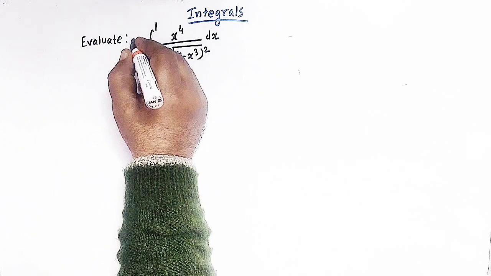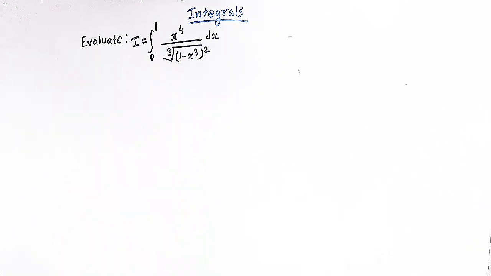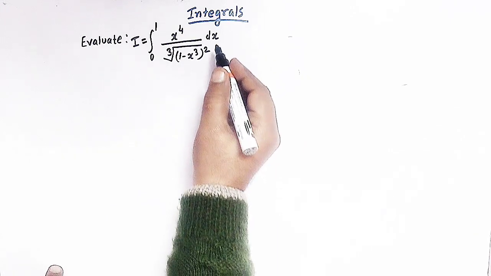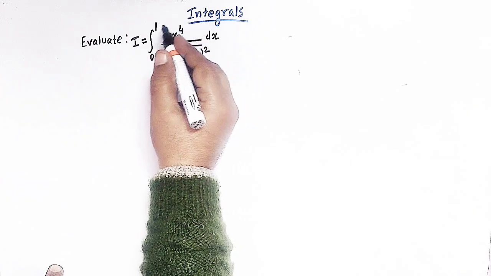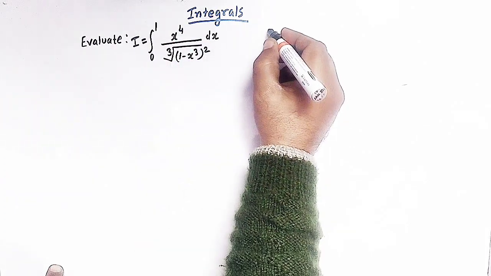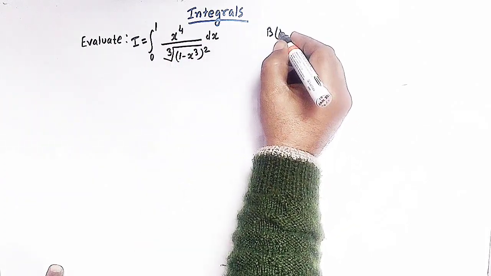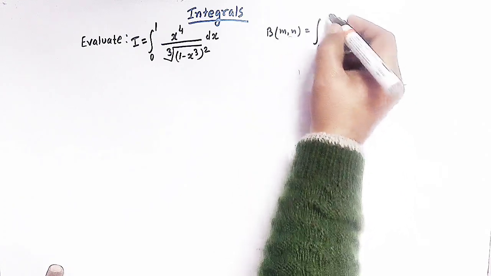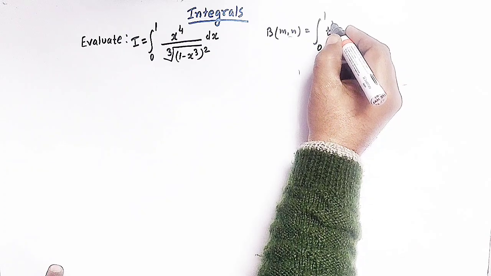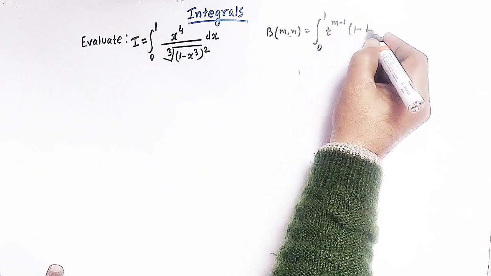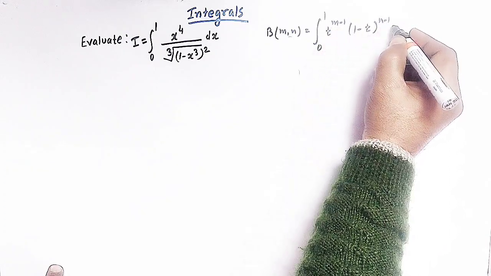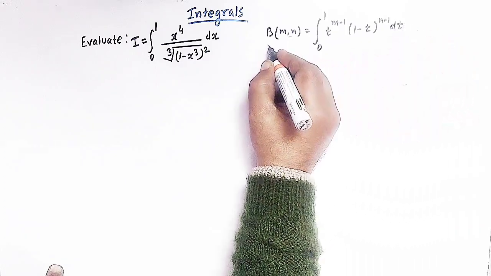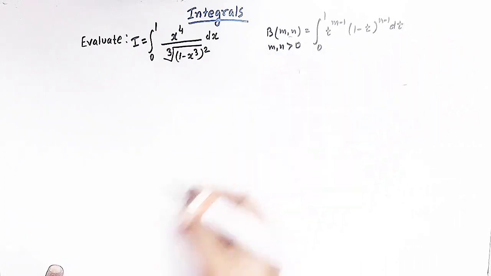So let us call this integral as I, and let us start with the method of substitution, right? Because our aim is to convert this integral into the beta function, that is beta m comma n is equal to the integral 0 to 1, and we have t raised to m minus 1 times 1 minus t raised to n minus 1 dt, where m and n are greater than 0, right?